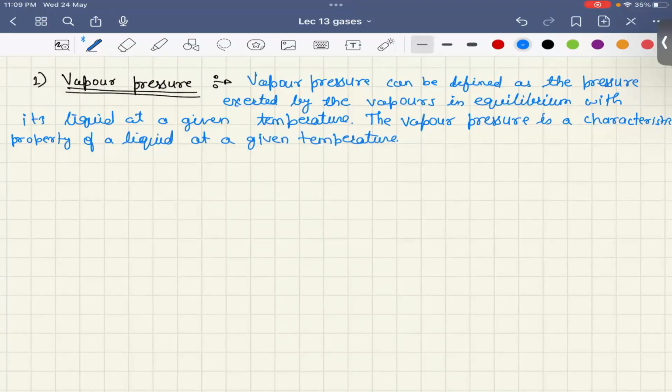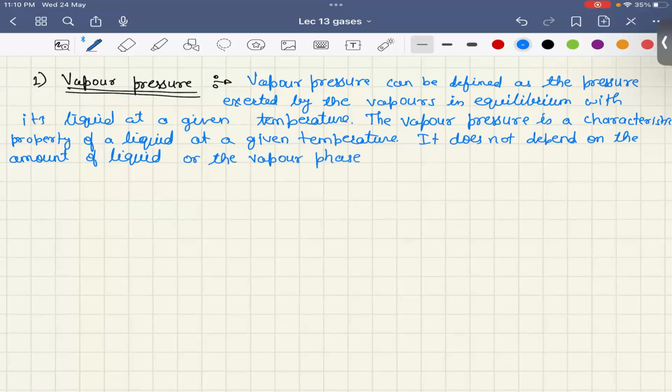It does not depend on the amount of liquid or the vapor phase. The magnitude of the vapor pressure depends upon the following two factors.